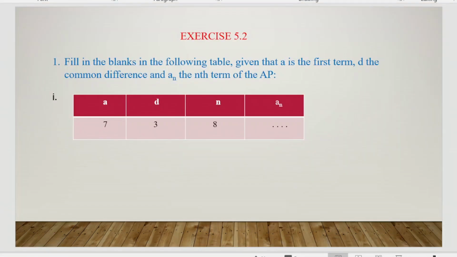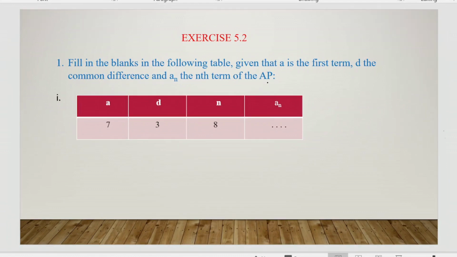Fill in the blanks in the following table. Given that A is the first term, D is the common difference, and we need to find the AN, which is the nth term of an AP. In our AP, A is the first term, D is the common difference, N is the number of terms, and AN is the nth term of an AP.